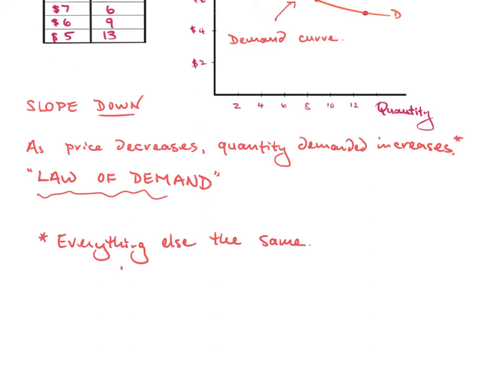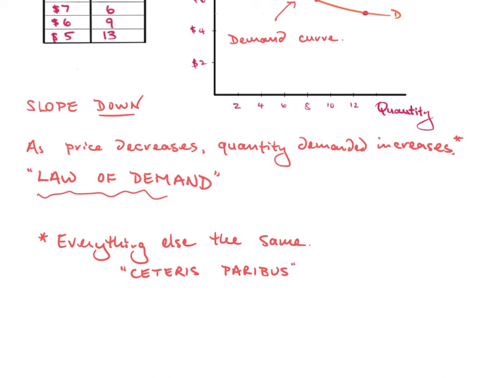There's a technical term in economics, which you do not need to know, which is ceteris paribus. I myself never use that phrase, but economists sometimes throw it around. It's Latin for everything else the same.